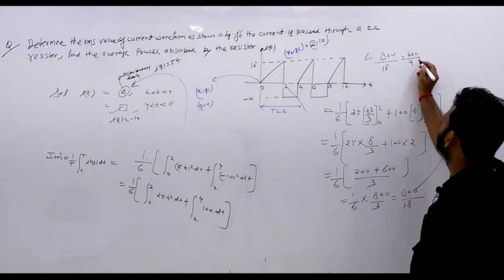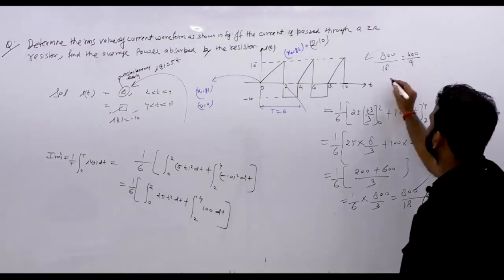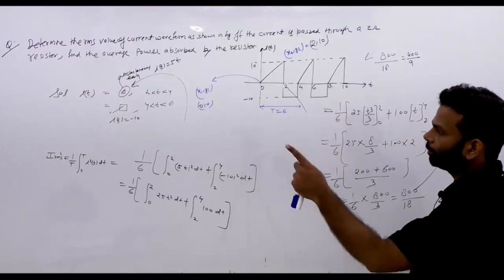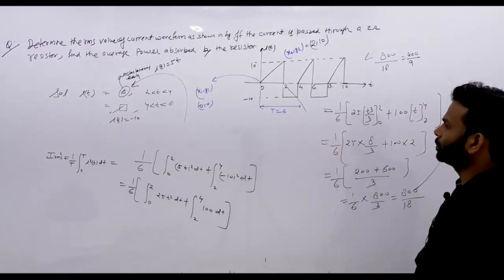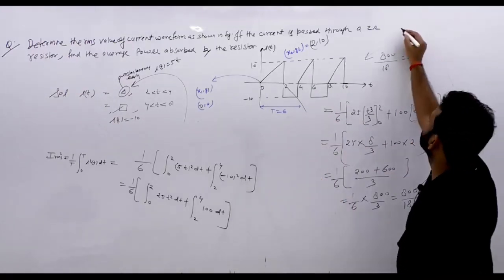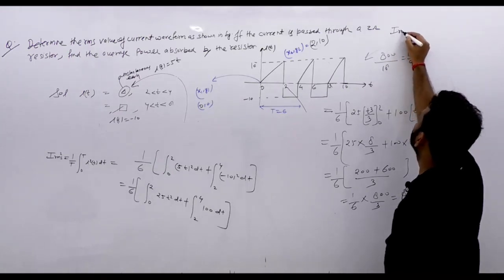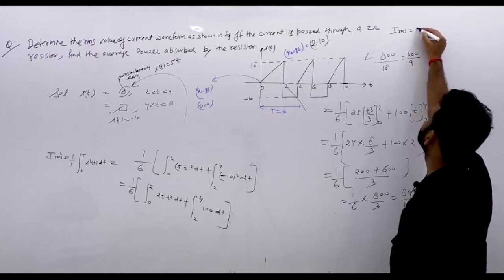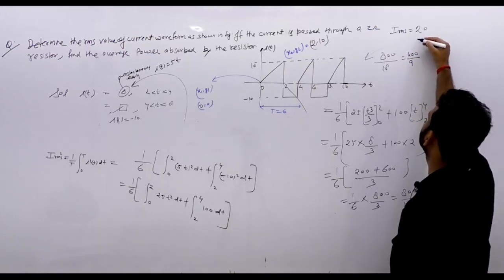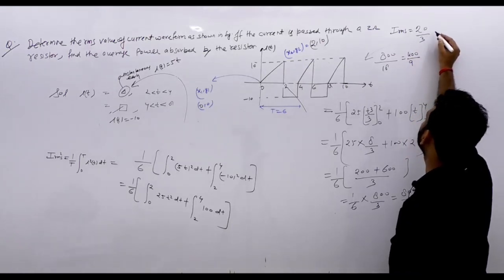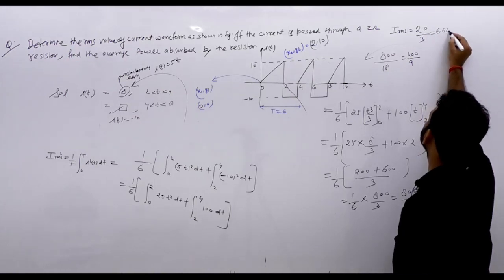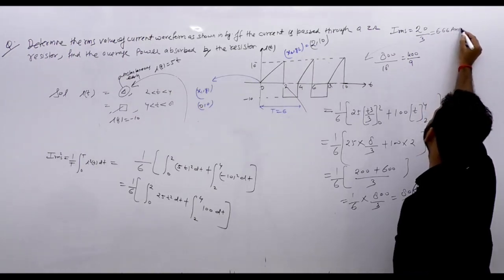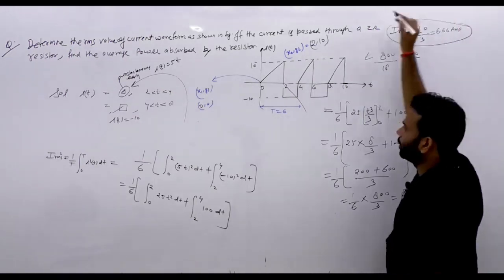And on the left hand side we have I square. Then IRMS is equal to root of 400, which is 20, and root of 9 is 3, so your IRMS is 6.66 ampere. Okay, so this is your answer of IRMS.